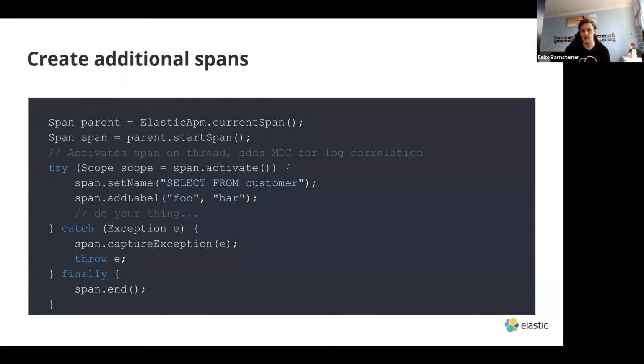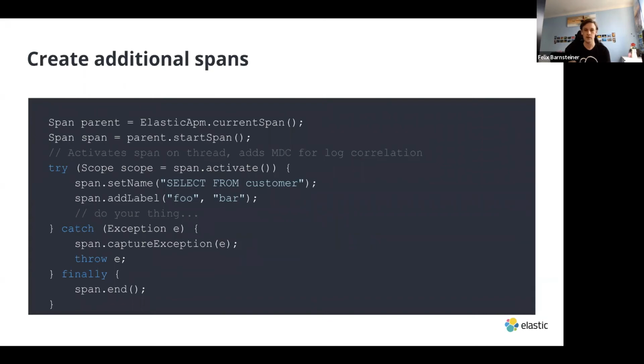You can set a lot of details like the span name and labels, for example. You can capture any exceptions that could occur in your business logic. And finally, you have to end the span. What's really important as well is that the scope is closed, because otherwise you can leak the scope into other threads. So lots of things here you have to remember.